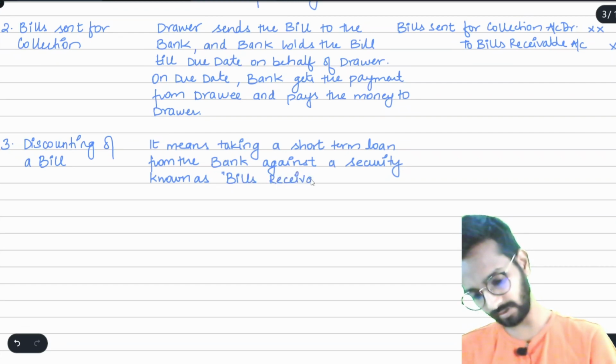What is the security A has given? A has given bills receivable to the bank and got the loan.